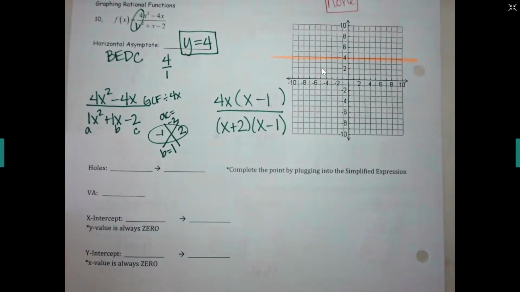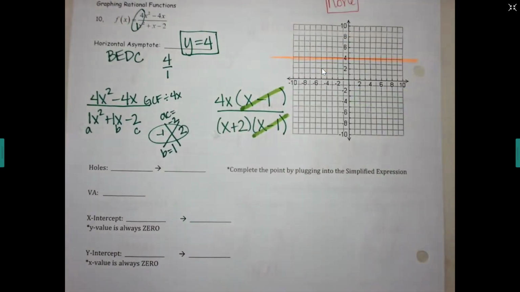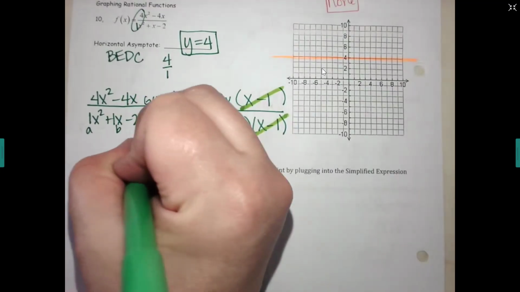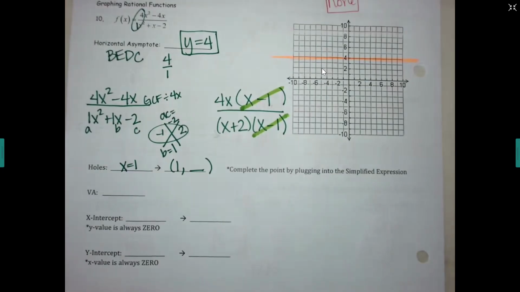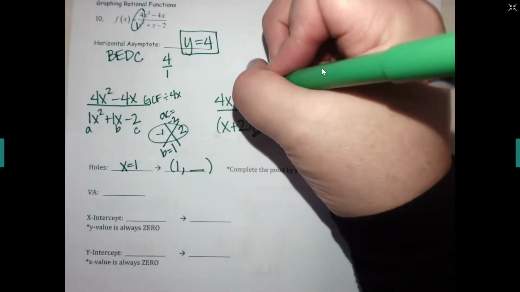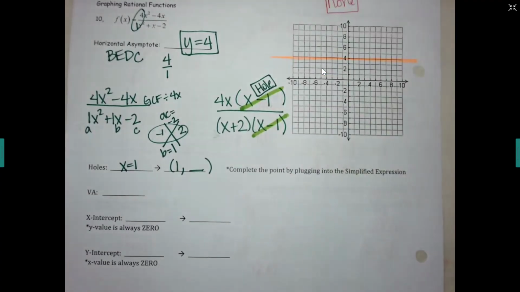Last class, we learned that holes are the ones that cancel out. Is anything going to cancel out? Very good. So if the x - 1s cross out, then there's going to be a hole in the graph at x = 1, or 1 comma something. Okay, and then I'm going to put here hole, because the ones that cross out are holes.